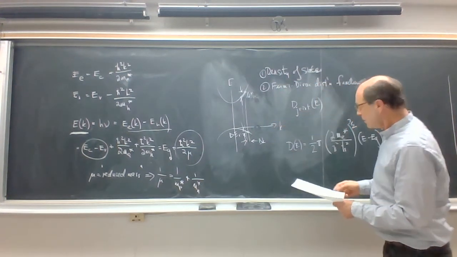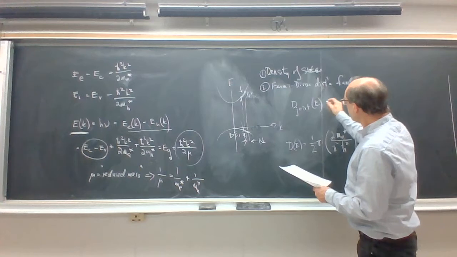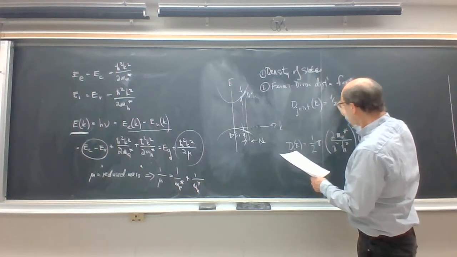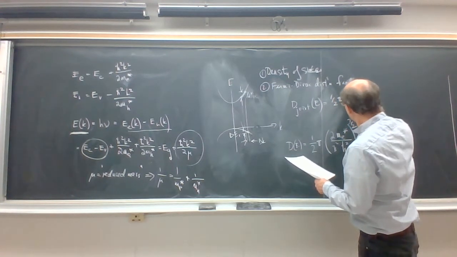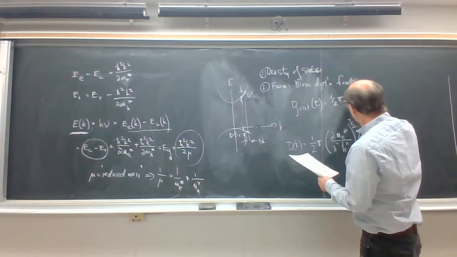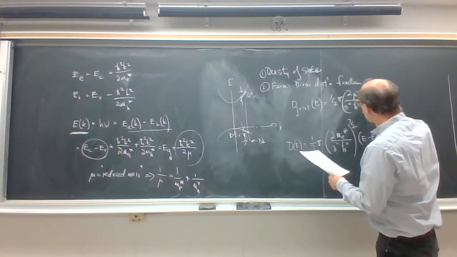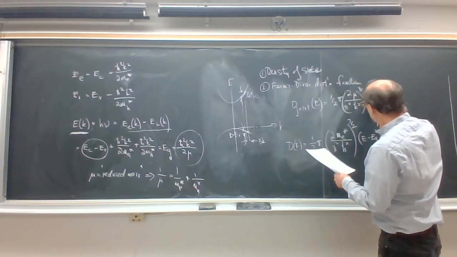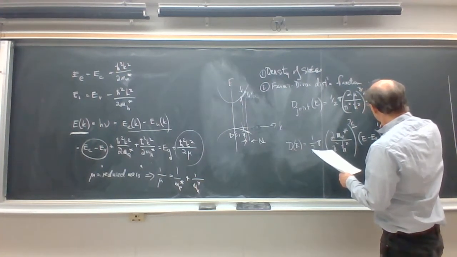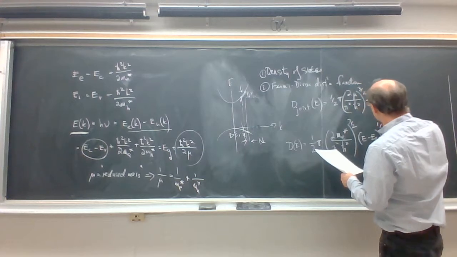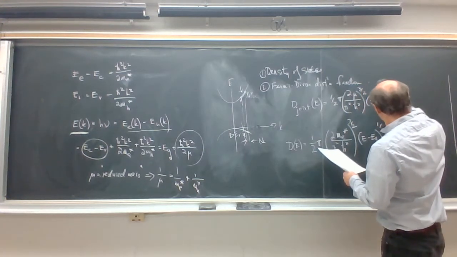So the joint density of states is equal to 1/2 pi times (2 mu over pi squared h bar squared) to the 3/2 times (E minus Eg) to the power 1/2.